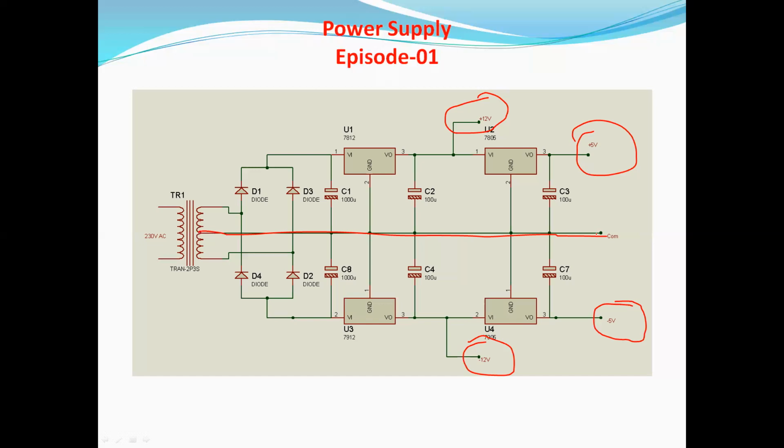For plus and minus 12 volt, we have used a 1000 microfarad electrolytic capacitor, 35 volt, and for plus 5 volt and minus 5 volt we have used a 100 microfarad electrolytic capacitor, 63 volt.